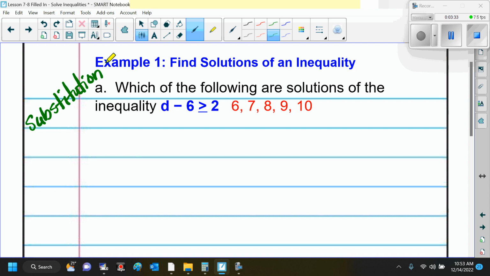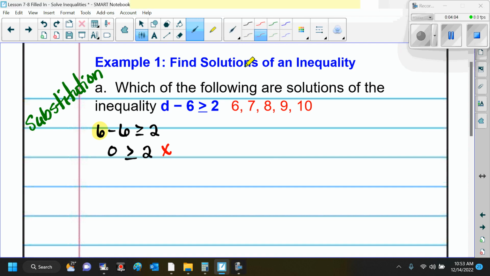Okay, so that just means wherever there's a D, we're going to put in one of those numbers. So we've got a 6. So we've got 6 minus 6 is greater than or equal to 2. 6 minus 6 is equal to 0, is greater than or equal to 2. Is that true or false? That is false. So that tells me that 6 that we just substituted in is not a solution.